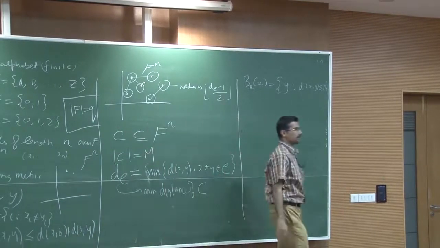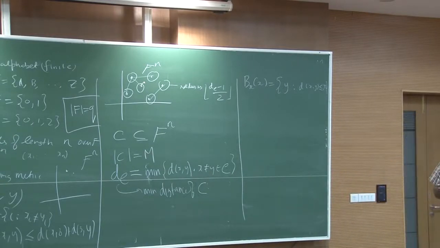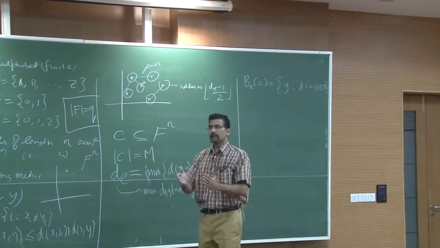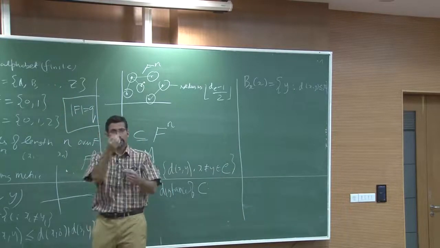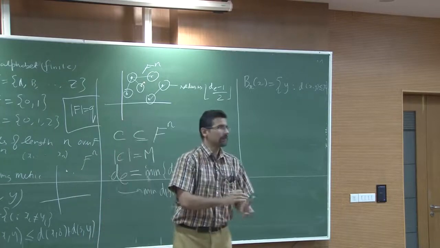So what does it mean? Coming back to the physical picture, it means that during transmission, if the number of errors, what is an error? Some letter in some coordinate changing to some other letter in the alphabet.